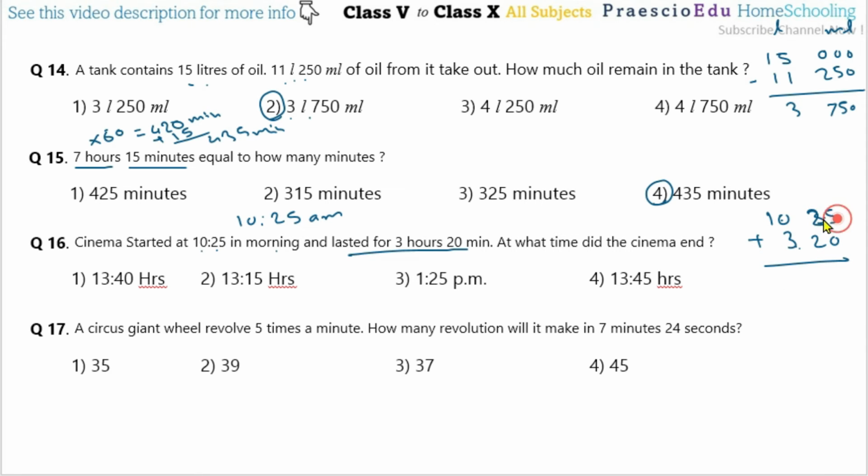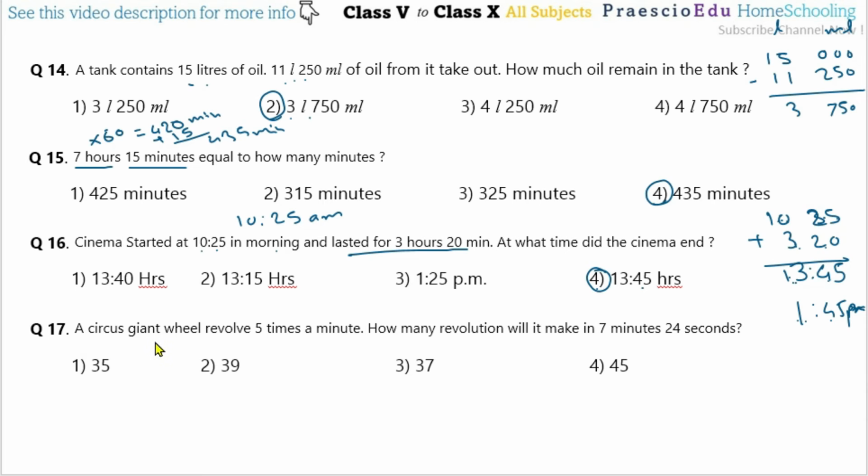So 25 plus 20 is 45, and then 10 plus 3 is 13. So 13:45 means we can say 1:45 pm. This is a 12-hour am and pm format, so 1:45, or we can say 13 hours 45. Which is the correct one here? The time given is 13:45, so option number 4 is the correct one.